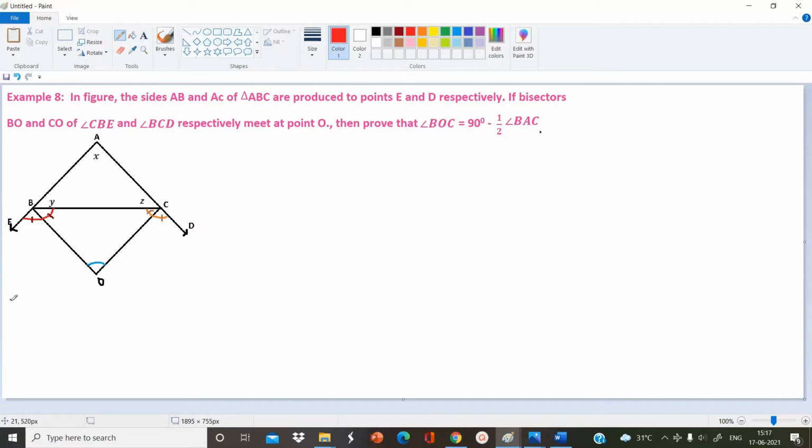So start the solution. And first, what is given?